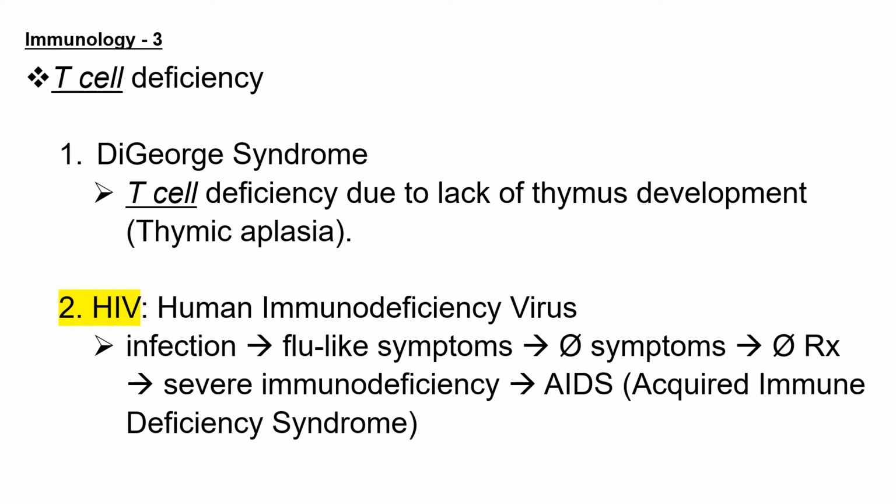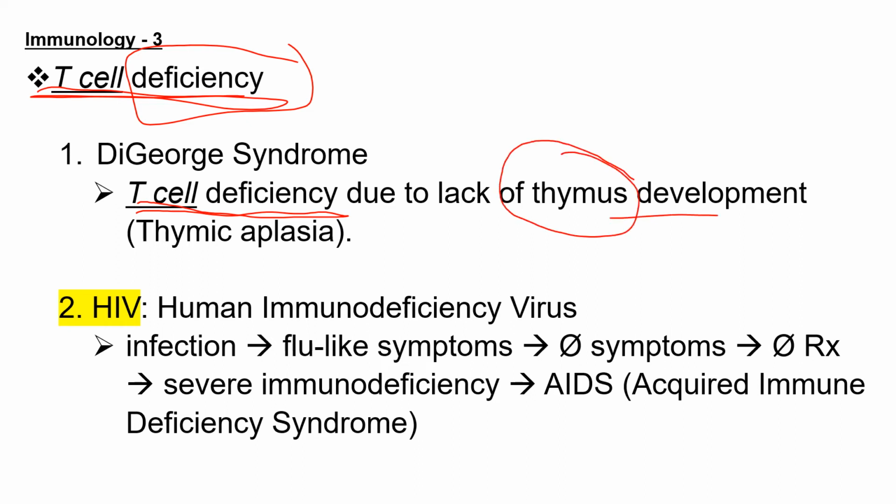While we're talking about T cells, let me include a brief summary of two diseases where there is a T cell deficiency, all right? So T cell deficiency can be seen due to a lack of thymus development. I told you in class, T cells are made in the bone marrow just like all other blood cells, and then they migrate to the thymus and undergo education.